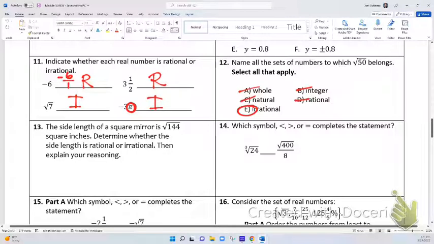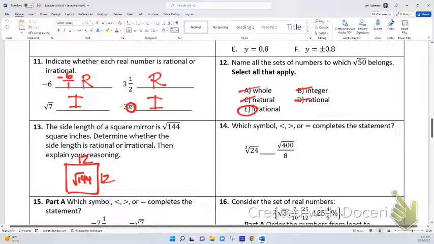For number 13, the side length of a square mirror is the square root of 144 square inches. So here's your mirror, and then we have the square root of 144. It says determine whether the side length is rational or irrational. Because the side length is 12, remember, if it's a square, it means that the side has to be the same all the way around.